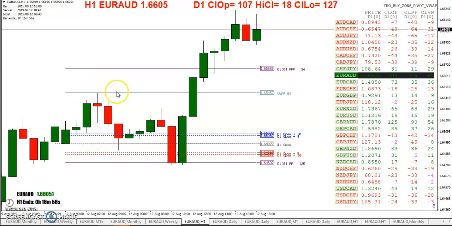Yesterday, I believe when I made the video, price was somewhere in this area. I don't remember, might have been here. But as you can see, it did hit the short zone and it did hit the pivot and then turned around, reverse, and took over and took off.